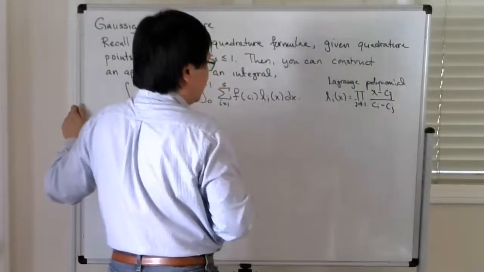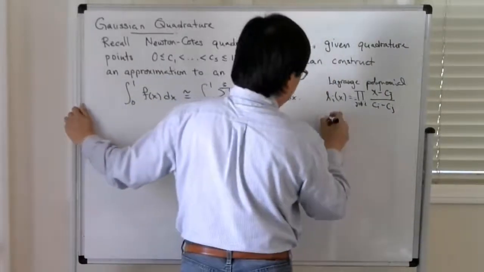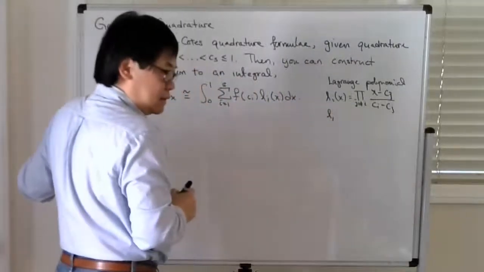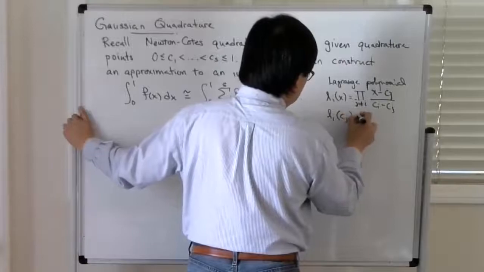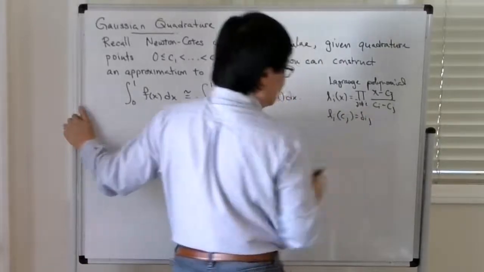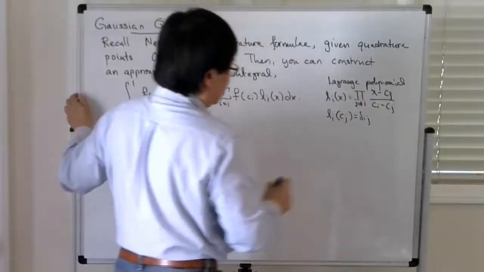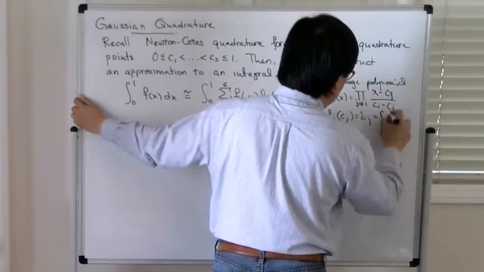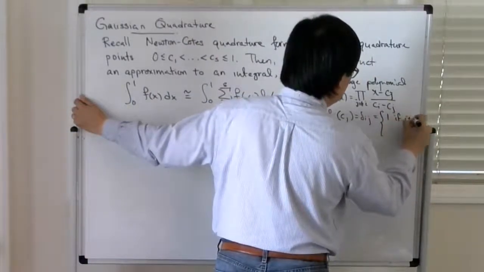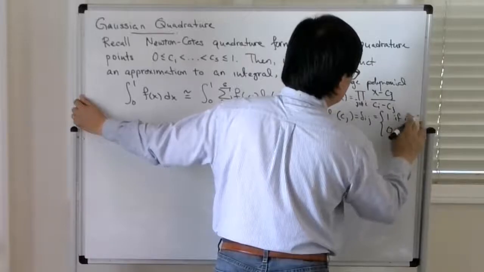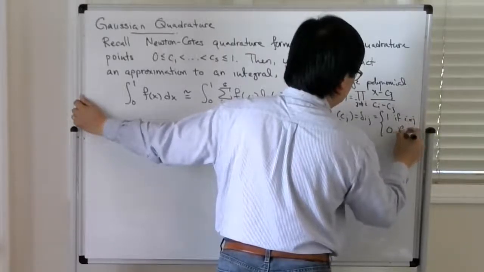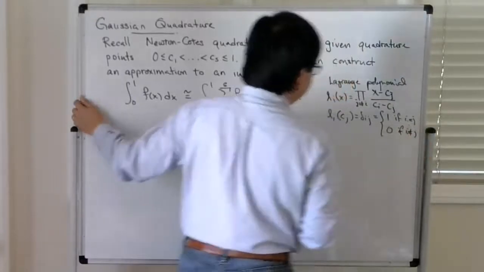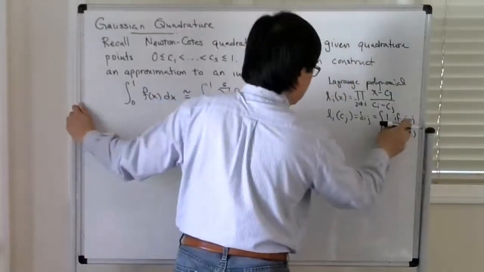And the Lagrange polynomial has the following property, that it satisfies this Kronecker delta property. If you take Li and evaluate it at cj, this gives you the Kronecker delta function delta ij, which is to say that it's 1 if i is equal to j, and 0 if i is not equal to j. Okay.